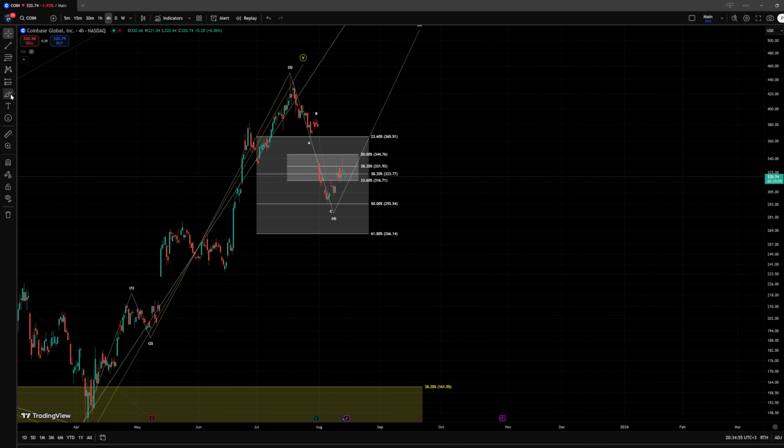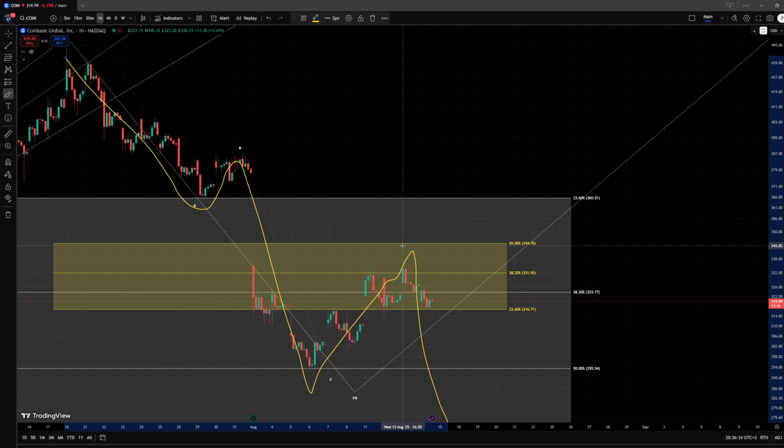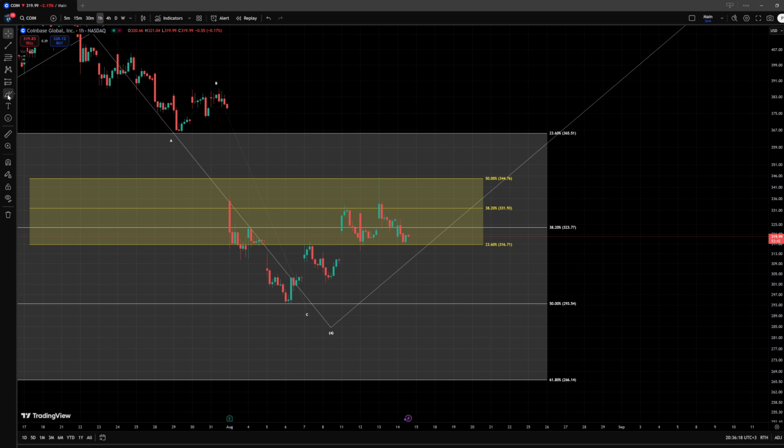Now you may think, okay, this is clearly forming a 5-wave move to the downside because it reacted to each level. It seems to react stronger and stronger to each level, and it might be right. It could really be that that is what is happening.